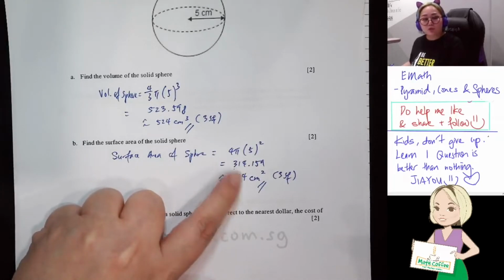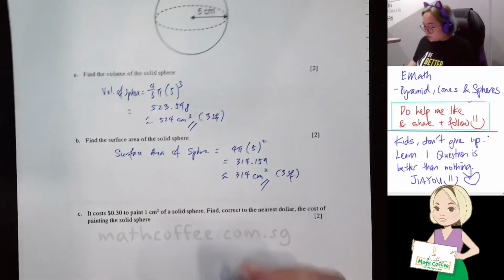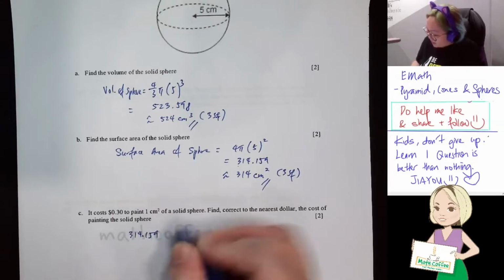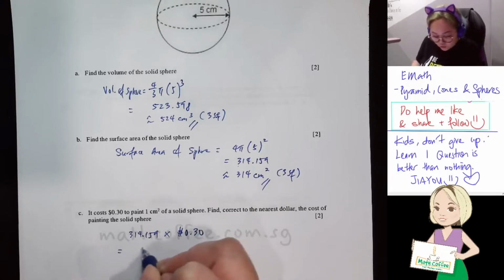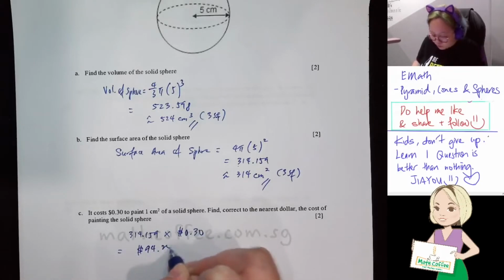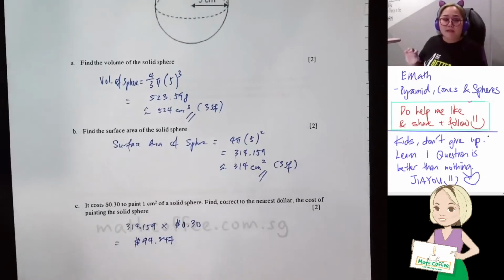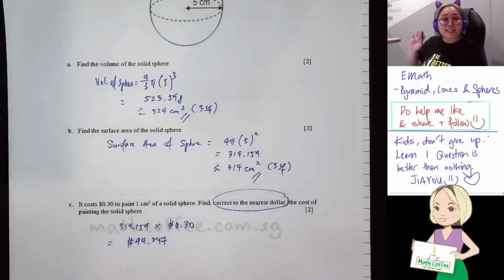Remember, I teach you to use the long number. Never use the rounded off value. So you will take 314.159 multiplied by 30 cents. So we will get 94.247. This time round, by default, money is rounded off to 2 DP. But in this question, they say correct to the nearest dollar.